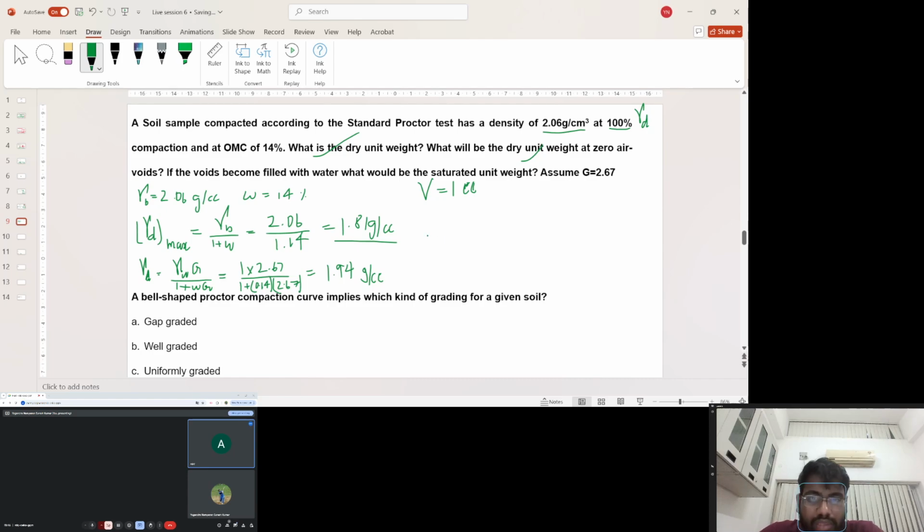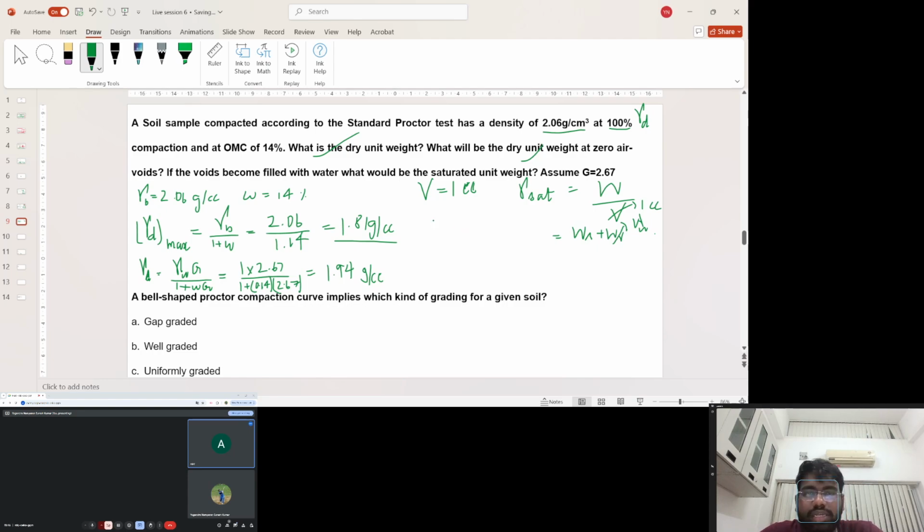Yeah. So now we need to calculate the saturated unit weight, which is gamma sat, which is total weight by volume. Volume we are taking as 1 cc. So it will be the total weight, which is weight of solids plus weight of water in the voids, right?